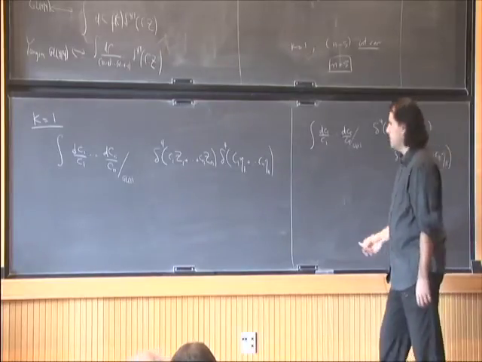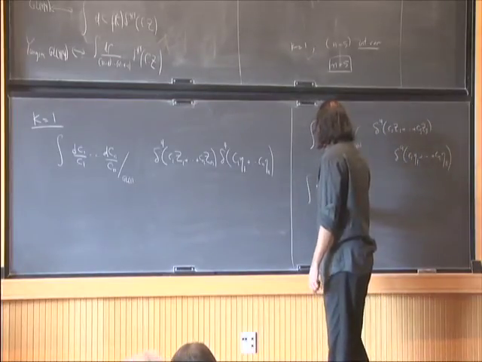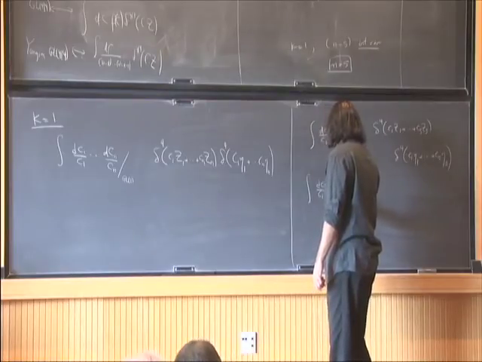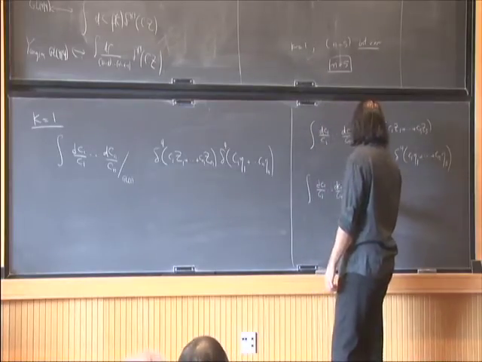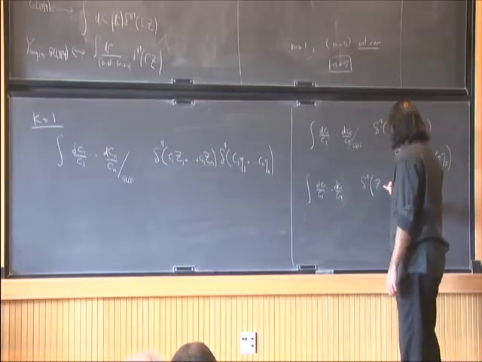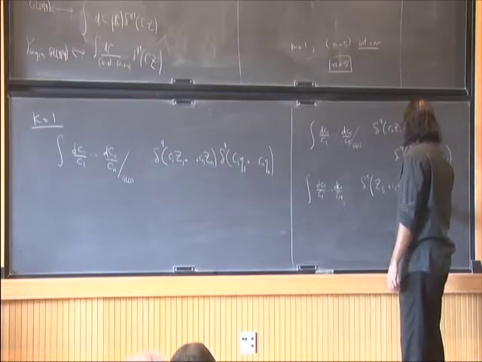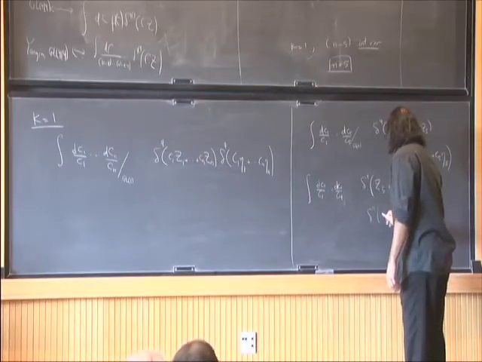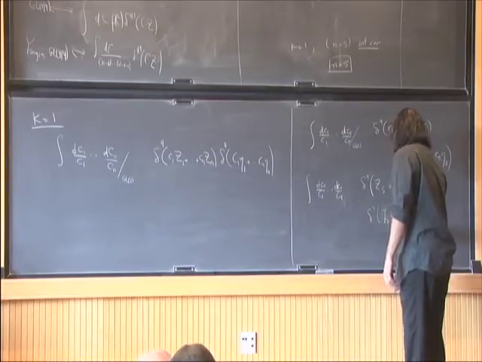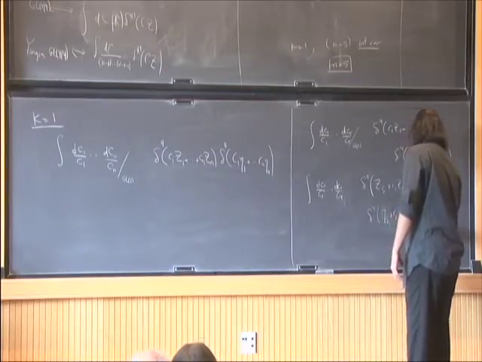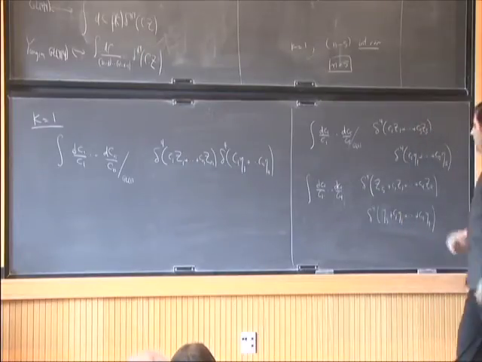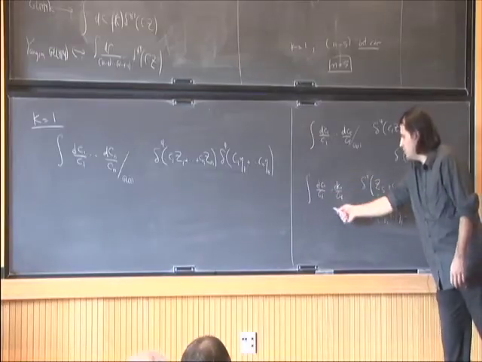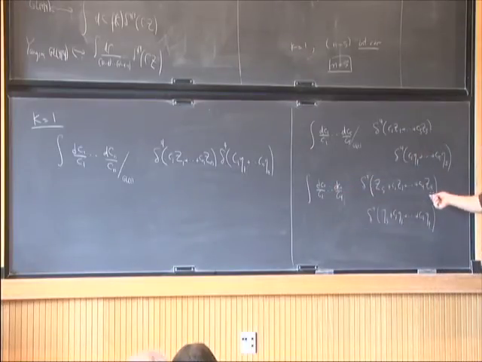Then this is the integral dc1 over c1 up to dc4 over c4, delta^4 of z5 plus c1 z1 plus ... c4 z4, and delta^4 of eta 5 plus c1 eta 1 plus ... c4 eta 4. It's clear that we're freezing all of these integration variables with these 4 delta functions.